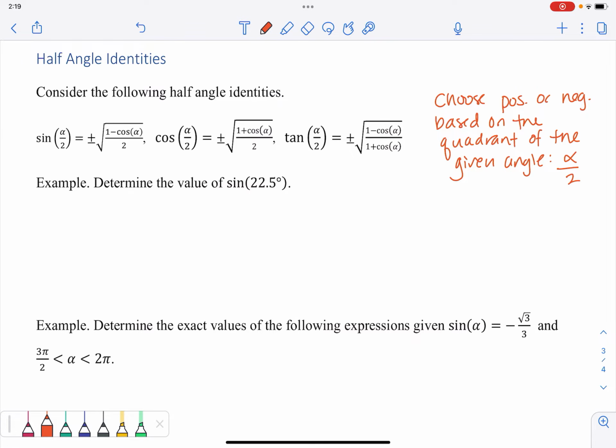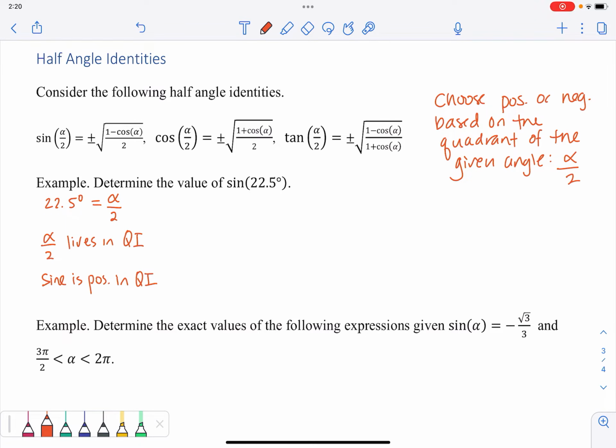Determine the value of sine of 22.5 degrees. Well, 22.5 degrees is going to act like alpha over 2. Well, alpha over 2 lives in quadrant 1, and sine is positive in quadrant 1.